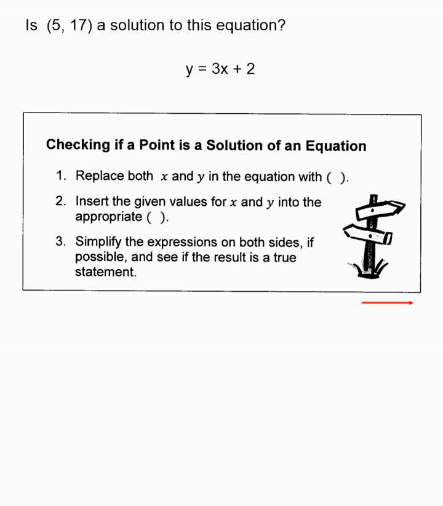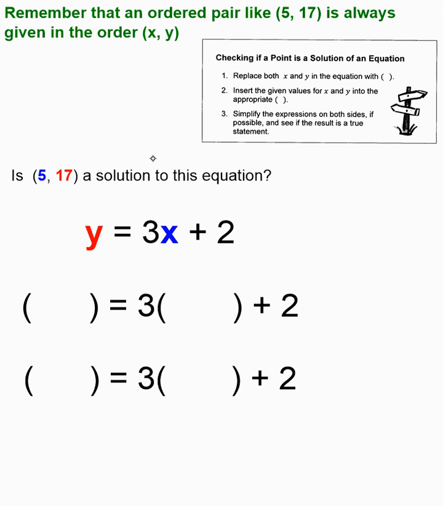So again, if we're going to check to see if something is a solution to an equation, your book has the method in it. So if we want to check and see if 5, 17 is a solution to this equation, so the 5 is the x, because remember this is an ordered pair x, y. So that's how we know the 5 goes in here and the 17 goes in here.